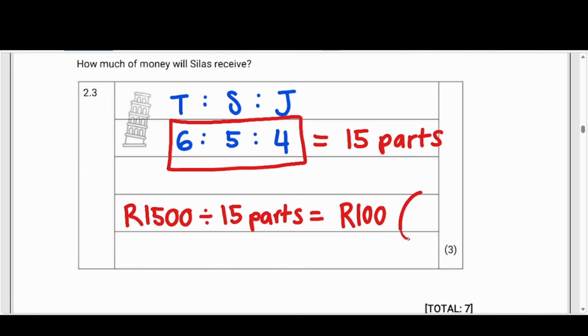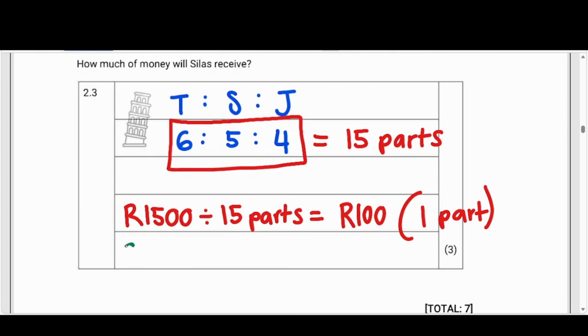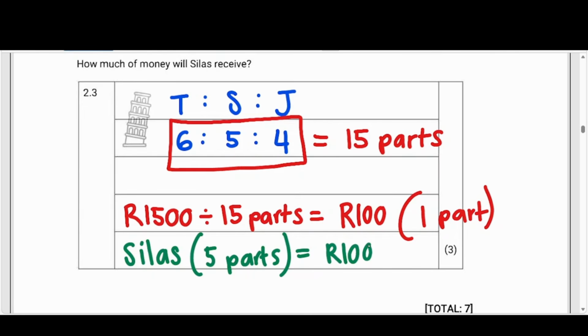Okay, so this 100 is 1 part. We want Silas. Silas has 5 parts. So we're going to do 100 times 5. So Silas is going to get 500 rand.